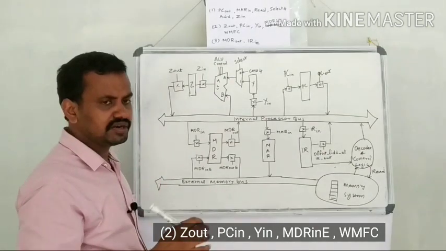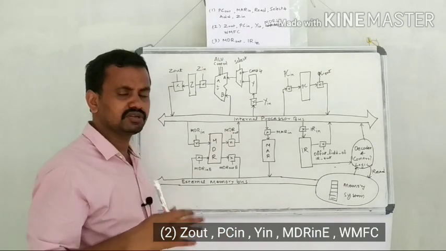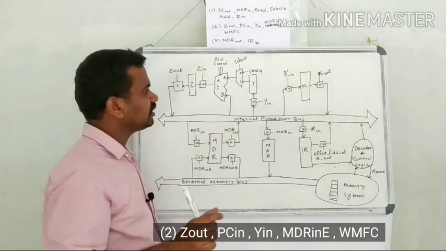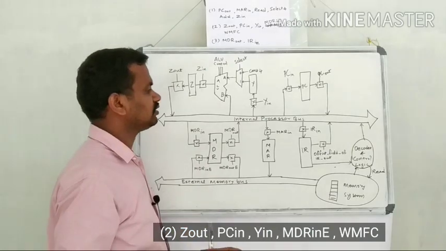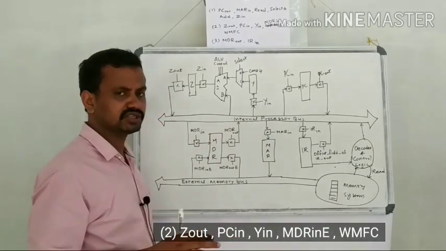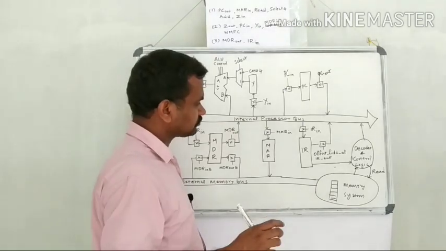That is, already we know that memory read operation or write operation will require a number of clock cycles. In our case, read operation is requested, and so the control logic will wait for the memory operation to become completed.